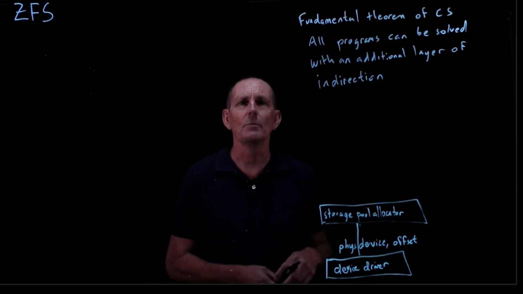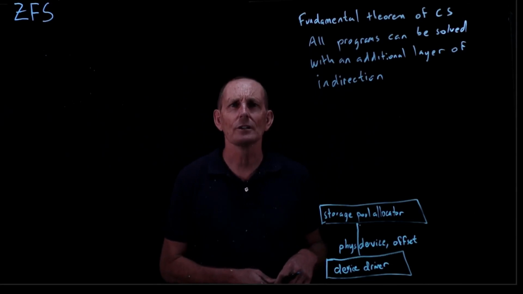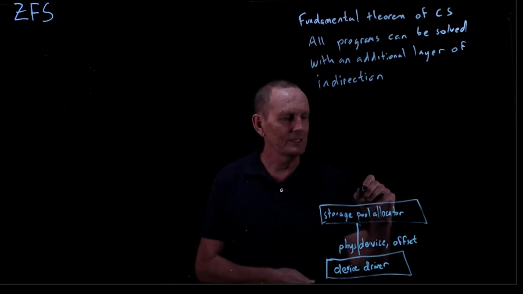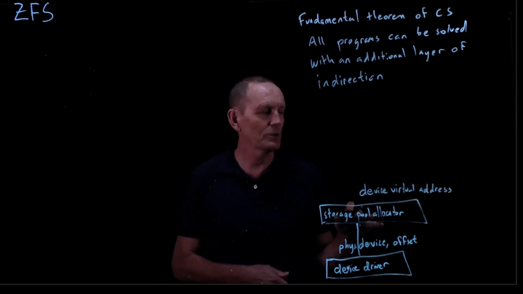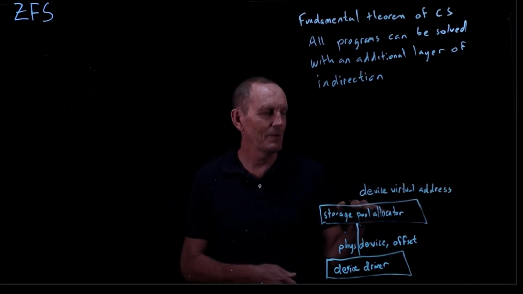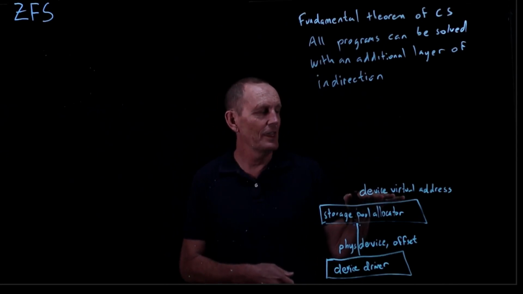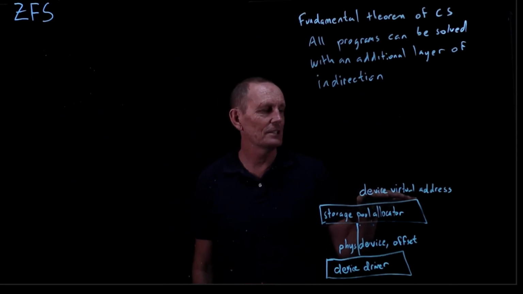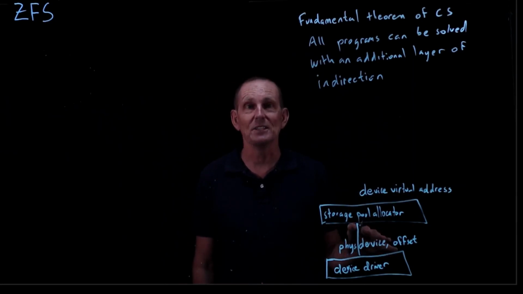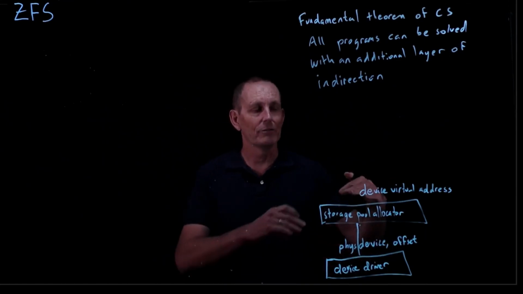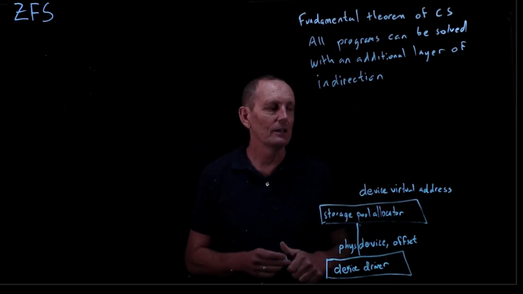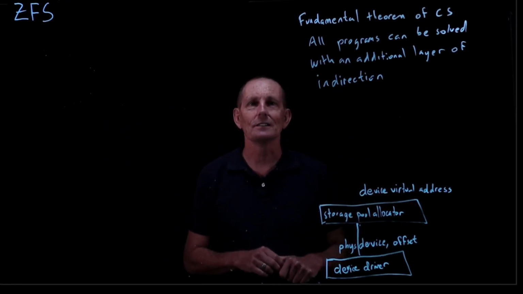But what it provides up above is a different abstraction. It provides a device virtual address. The storage pool allocator contains a mapping internally that says this device virtual address maps to what particular physical device and offset at this point in time. If it chooses to change its location, it can just update the mapping. But from the point of view of anything higher, the device virtual address is all that is seen.